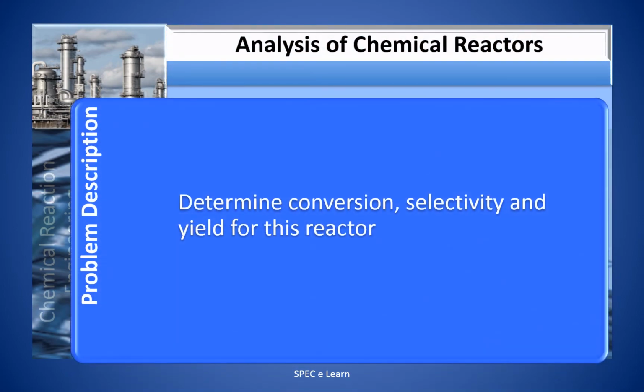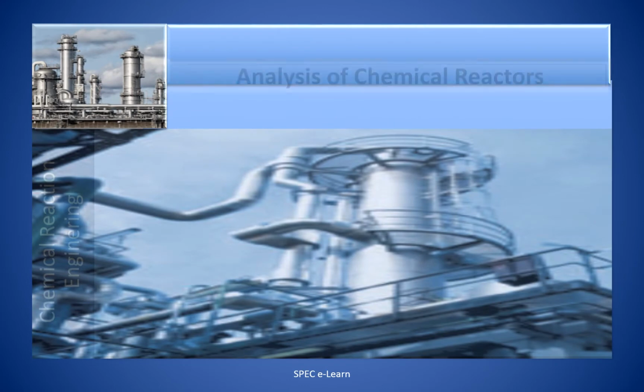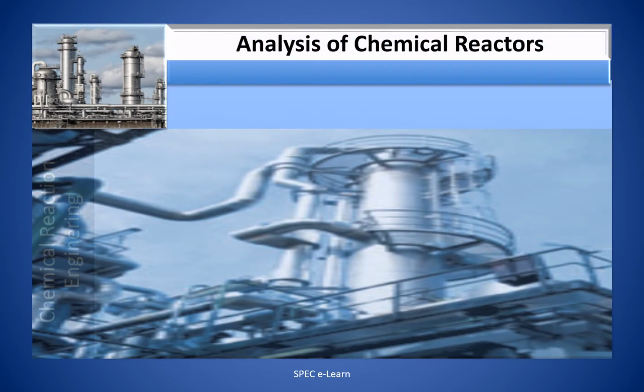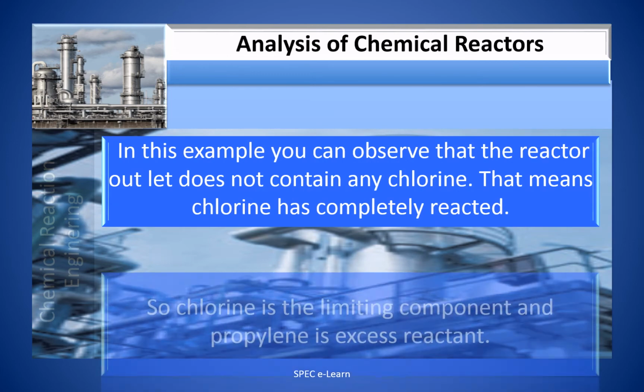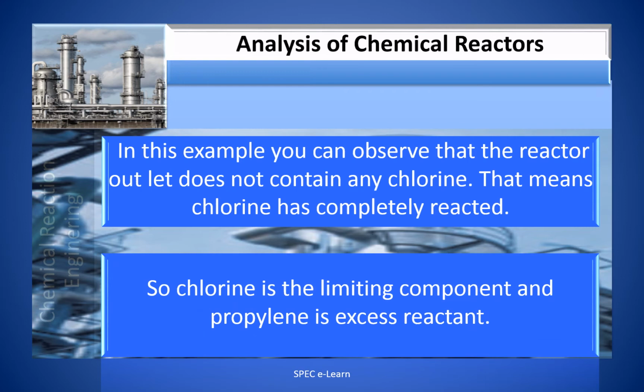You are required to determine conversion, selectivity and yield for this reactor. In this example, you can observe that the reactor outlet does not contain any chlorine. That means chlorine has completely reacted.